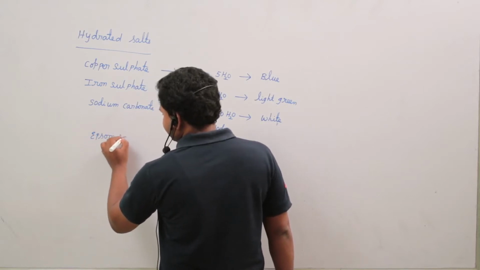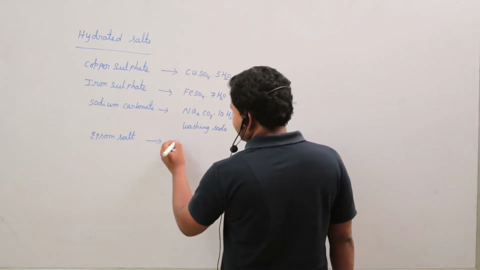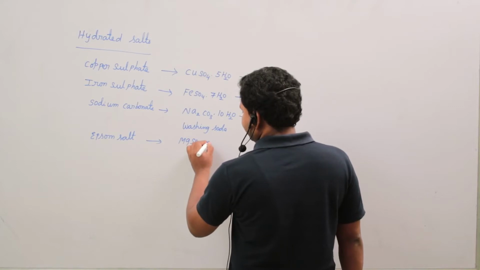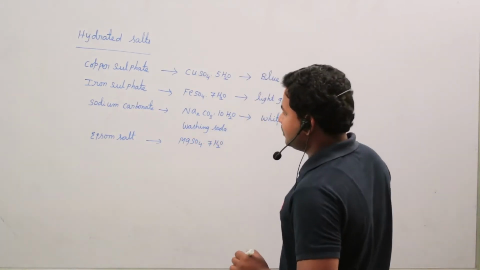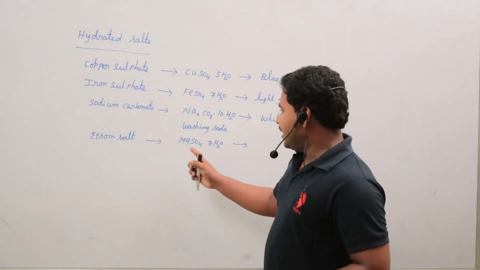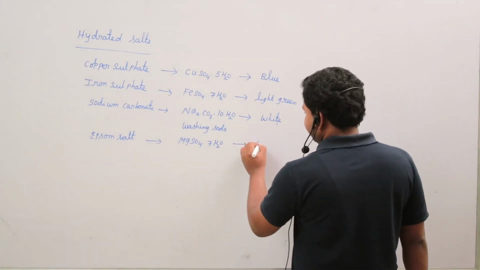Next one, Epsom salt. Epsom salt formula is MgSO4 dot 7H2O. This is also called magnesium sulfate. It is in white color.